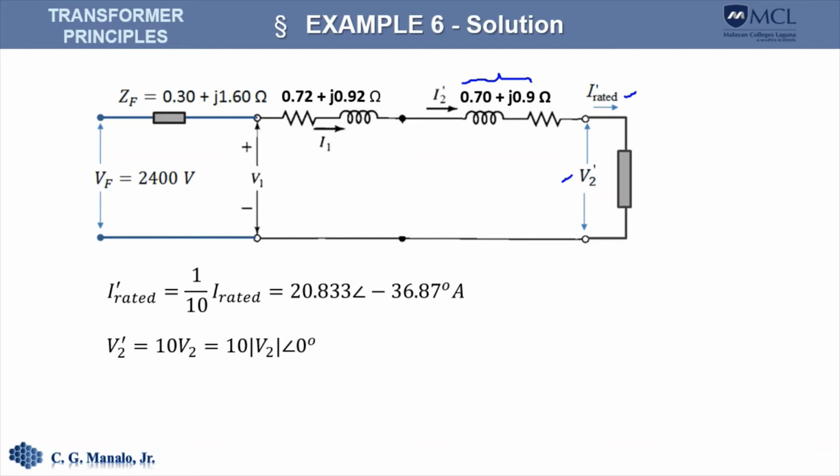So the I rated becomes I rated prime, and V sub 2 becomes V sub 2 prime. We can compute for the I rated prime using this formula. So that would give us that I rated prime. We can also compute for V sub 2 prime as a function of V sub 2, and that should give us this expression.